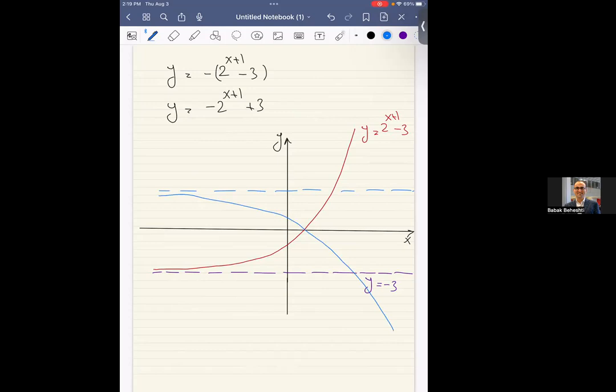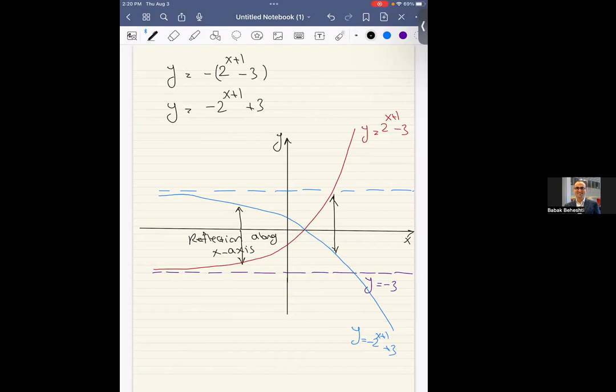So the blue one is now y equal to minus 2 to the power x plus 1 plus 3. Do you see the reflection?